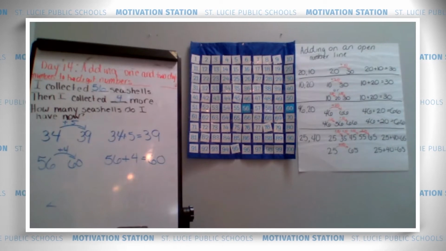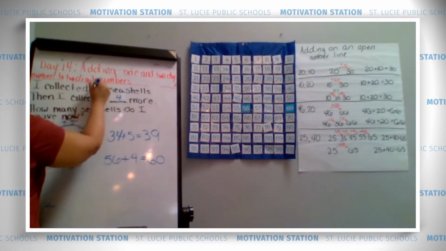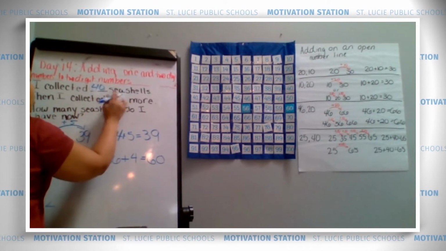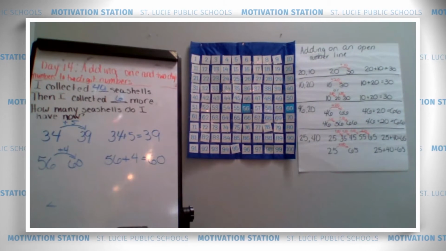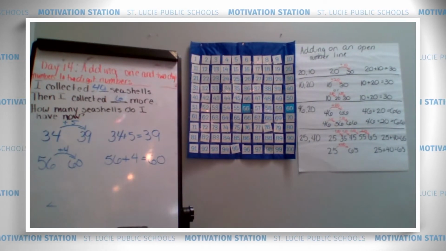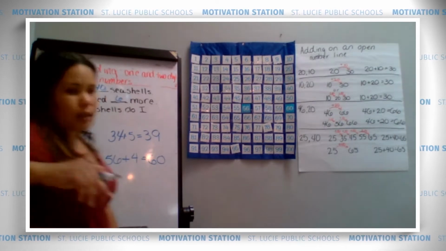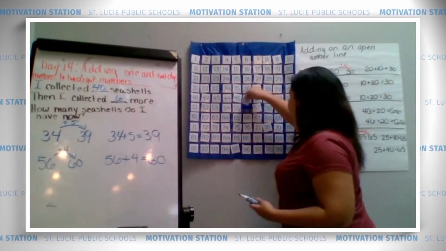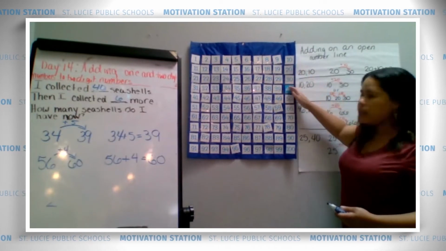Now, let's start with 40 seashells and add 6 more. On the 100 pocket chart, all 6 of the new shells spill over to our next row. Because if we take a look here, we're at 40, and 40 is the end of a row.